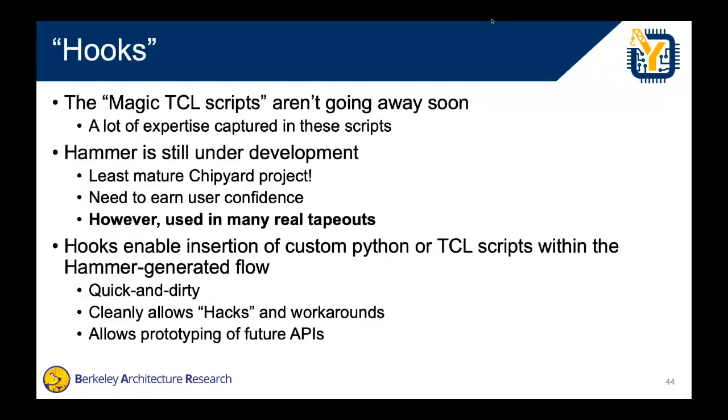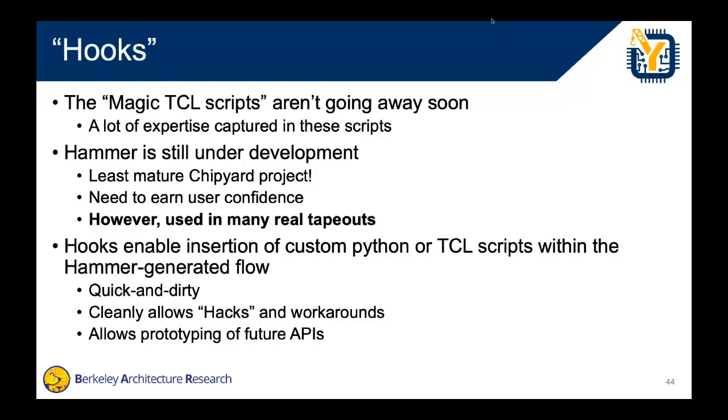So another key principle of Hammer's design is to be able to incrementally move to this flow. You don't have to wholesale delete all your Tcl scripts and use Hammer, because we thought pretty much no one would buy it if we did that. So we have what's called hooks, which are your ability to add in a little bit of Tcl script from past success you've had or an old flow that you're porting over.